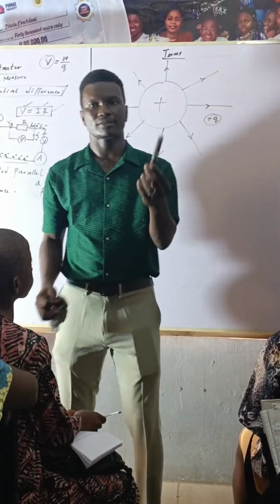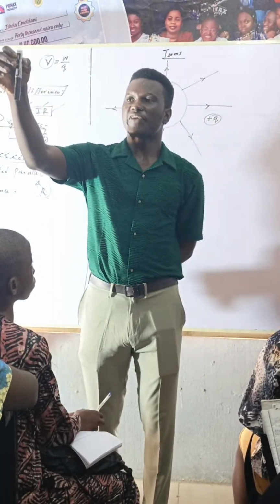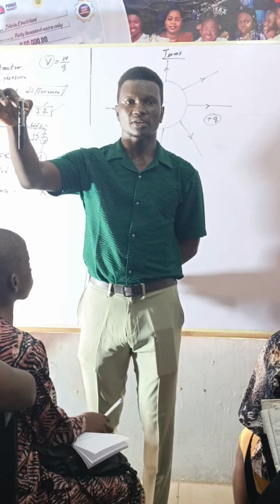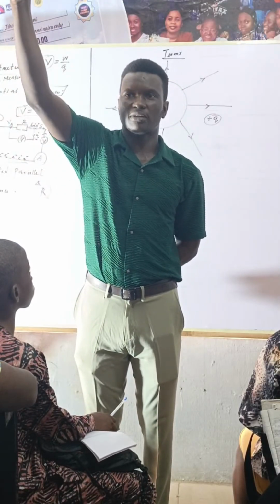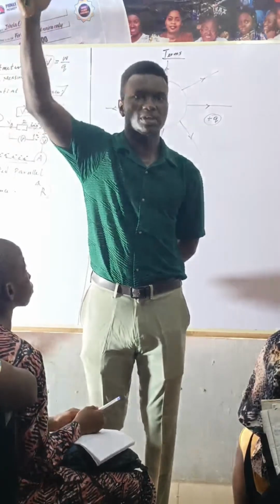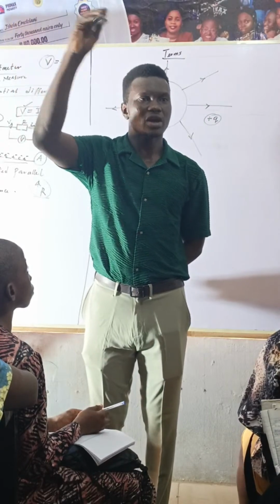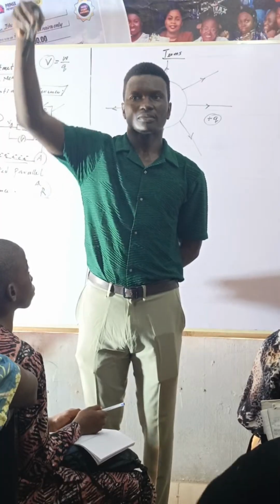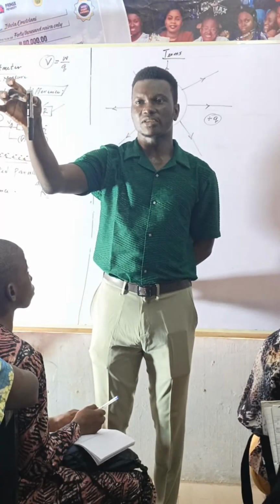This marker, if I'm taking it up, at this level, if I drop it on his head, he will feel pain. If I take it further and I drop it, he will feel pain. If I take it far further and I drop it, which one will he feel pain the more? Is it not the same marker? What is making the difference? At this level now, do I have potential energy?